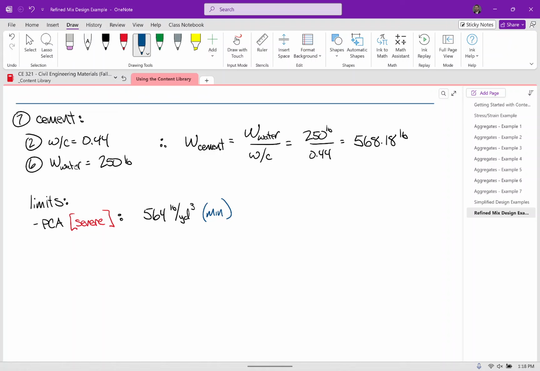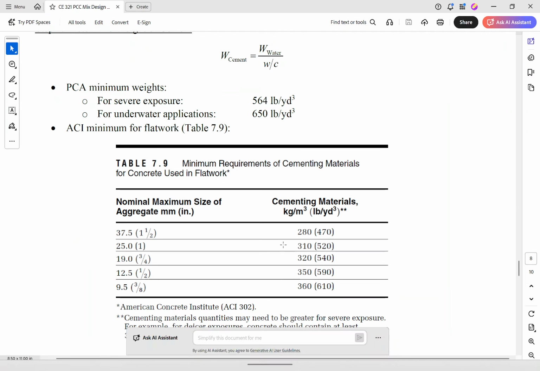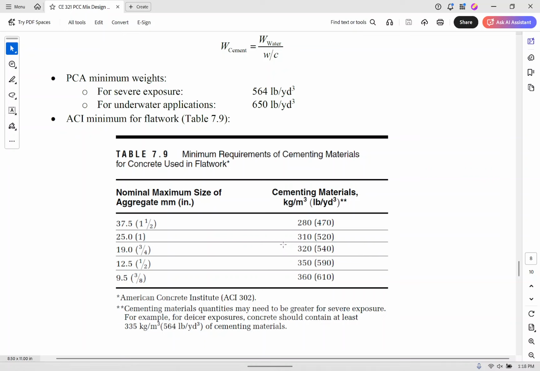Now what about table 7.9? Let's take a look at that. Table 7.9 is the ACI minimum for flat work. Would that apply to us? I'm going to say yes, because what we are essentially casting is a slab.